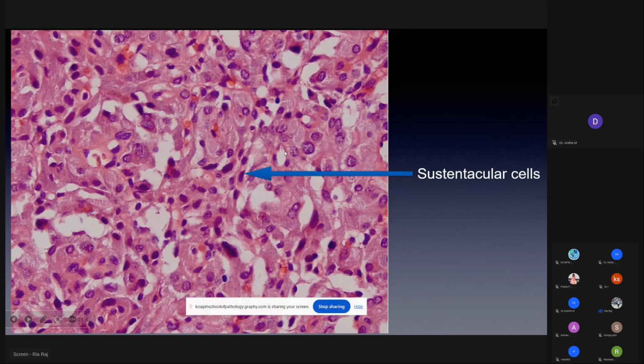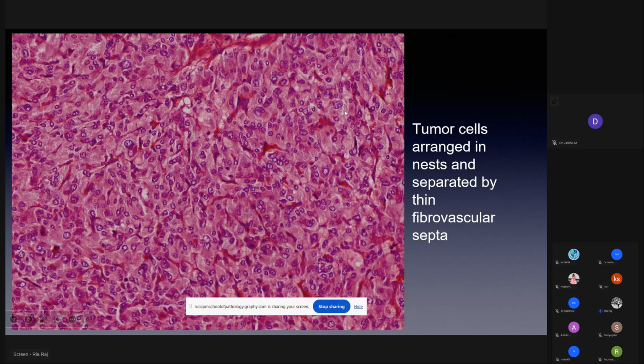Along with the chief cells, we can also see little elongated cells towards the periphery of the cell nest, which are known as sustentacular cells. This also shows the arrangement of the cells in nests separated by thin fibrovascular septa, and capillaries in between can also be appreciated.